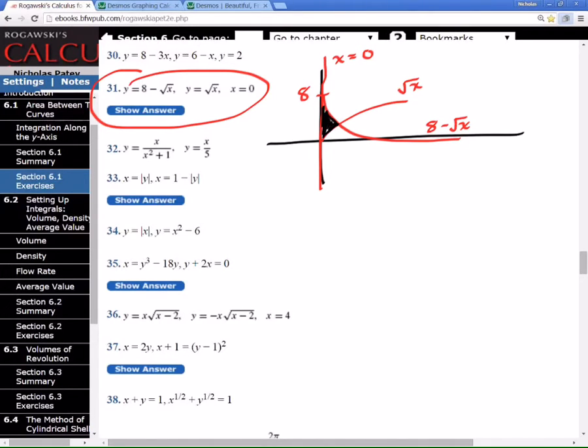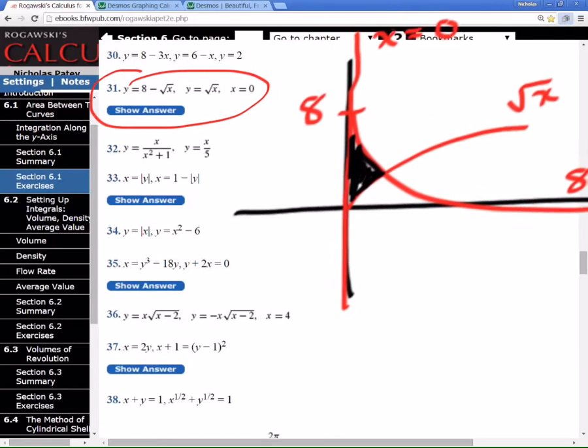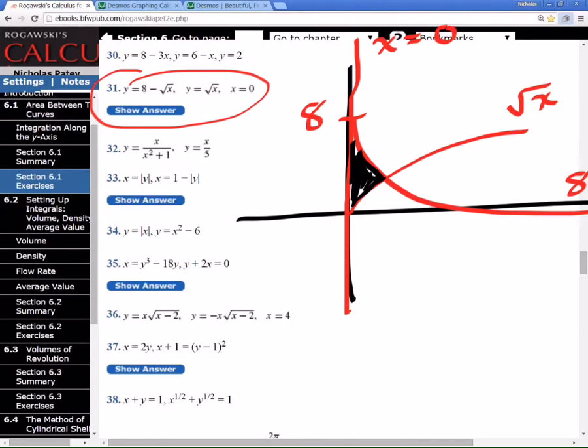All right, so let me blow this up a little bit. Okay, so this is our lower bound right here. This is A, and this right here is B. Okay, let's think about this for a second.